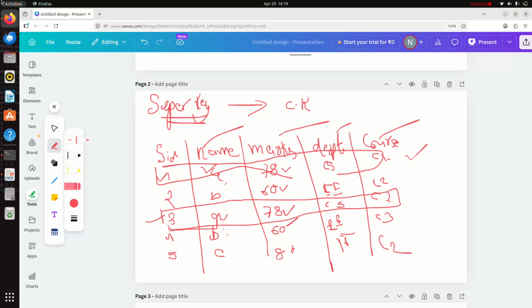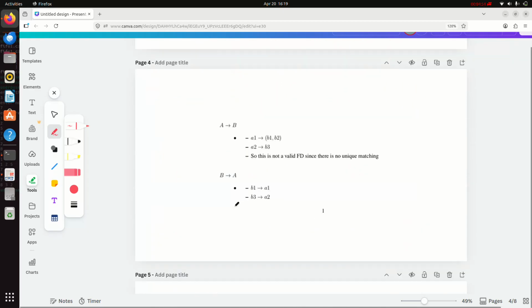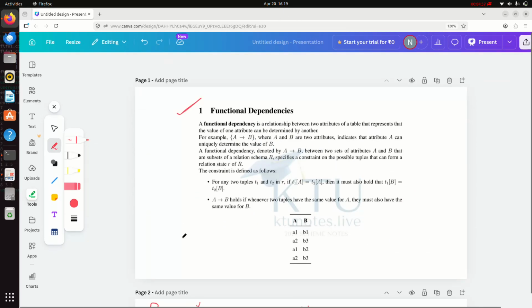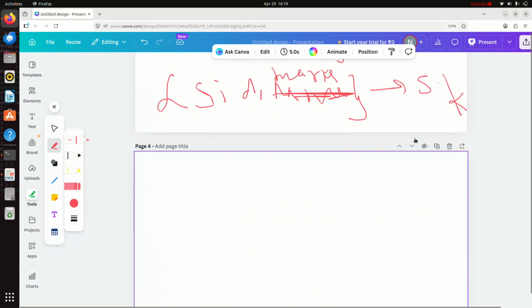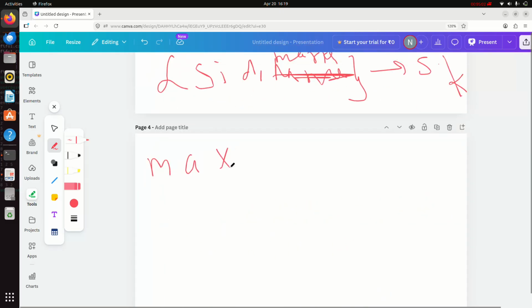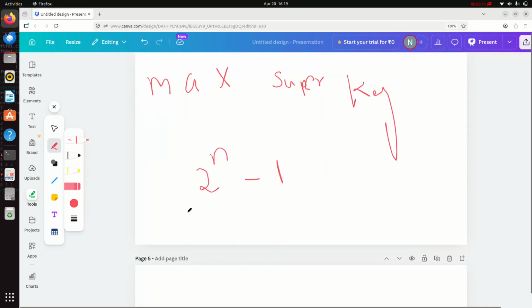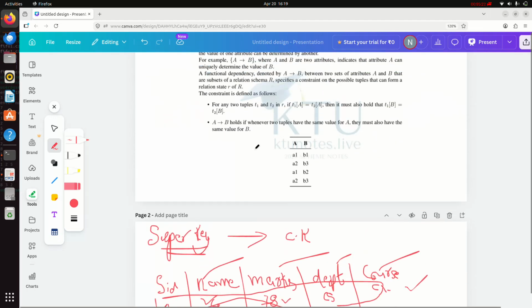Now you have to understand how to find the max number of super keys. Let me just go to another page. There is an equation, just learn that equation: max number of super keys is 2 raised to n minus 1, where n is the number of attributes.